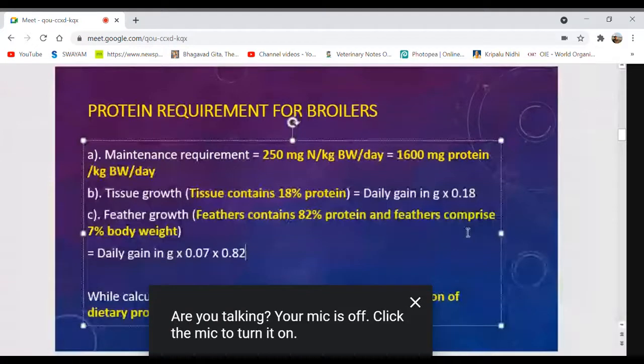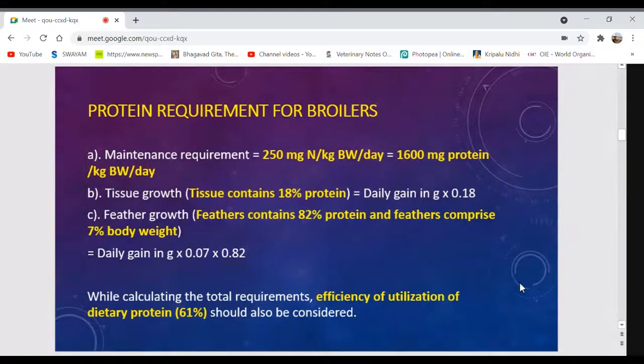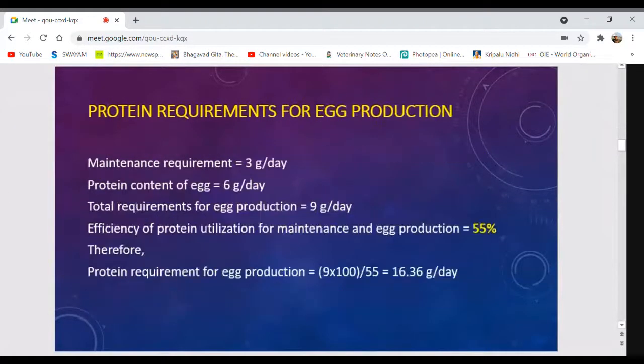Therefore, suppose 300 is the total requirement of protein, we have to provide 100 divided by 61 into 300 gram. Whatever quantity we get will be the actual dietary protein we have to provide to the broiler for growth. So we can calculate the requirement. Please try to understand that concept.